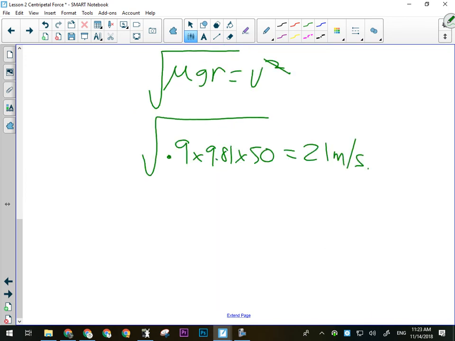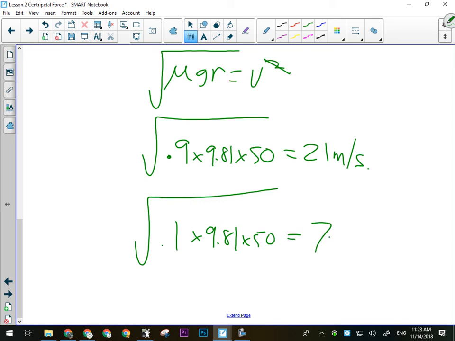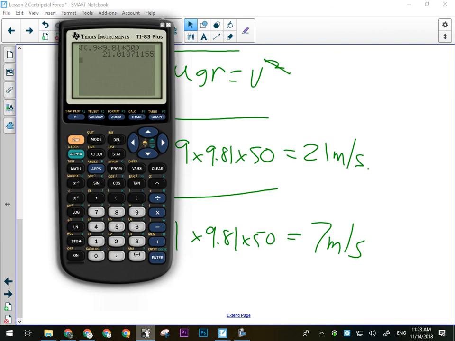But we're looking now at this situation. So we'll have 0.1 times 9.81 times 50, square rooted. That should come out to around 7 meters per second, but we'll double check it. Okay, 7.00.